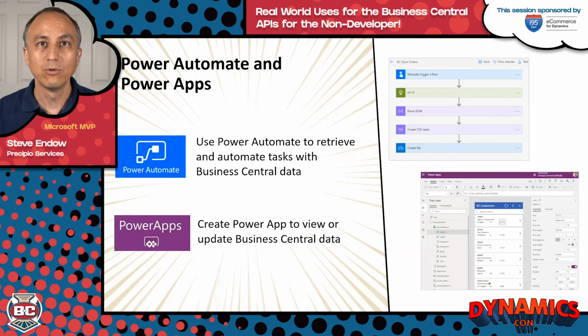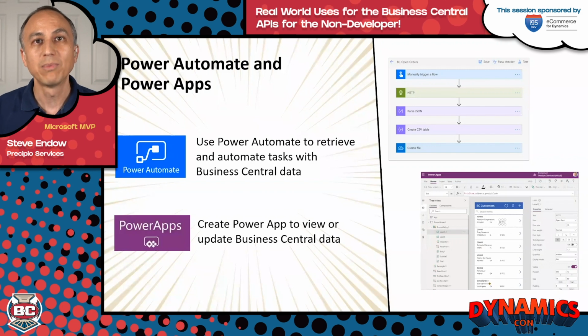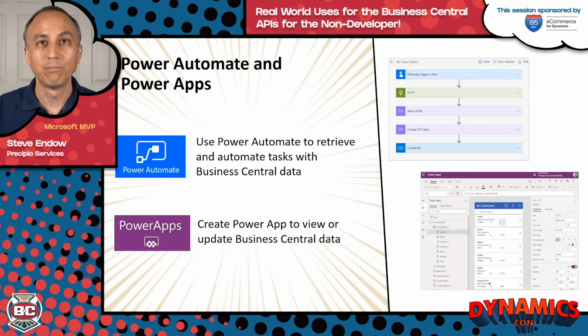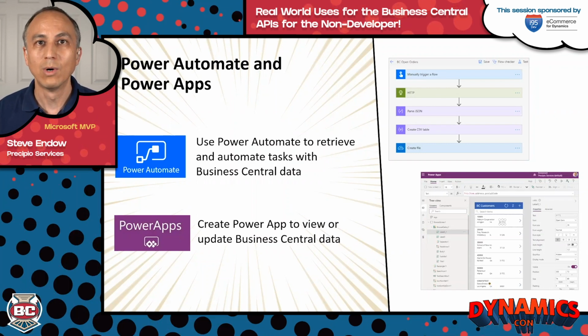So if you need to pull a list of customers out of Business Central and email that to your sales manager, that is something that Power Automate can do automatically for you. And Power Apps is another application in the Power Platform family that allows you to build visual applications that work in a web browser or in a mobile device. So let's take a look at what those look like.